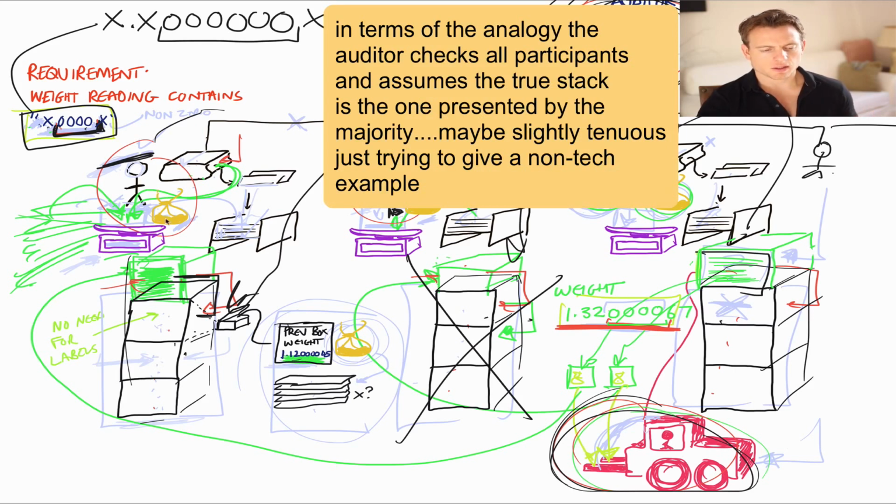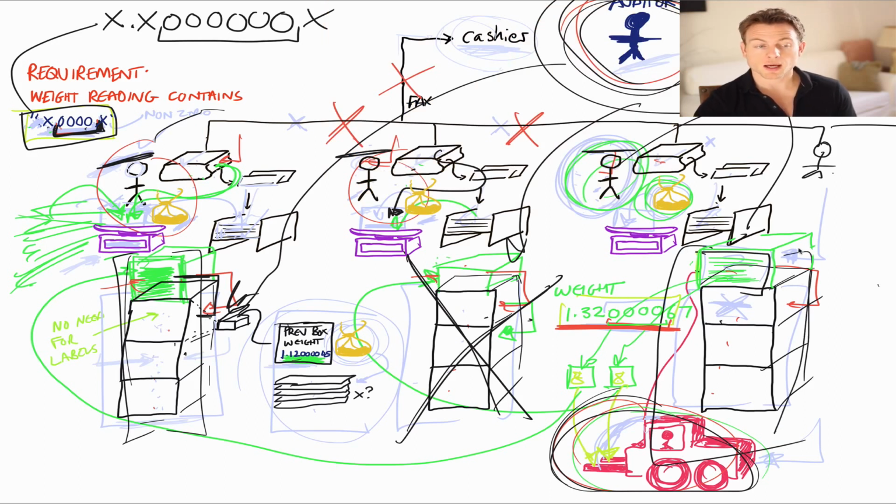The point is that one corrupt individual in the system, or one absent individual in the system, cannot bring the system down, because if there are enough other individuals in the system that have the same version of the blockchain, or in this case the box stack, then that is the version that is accepted as the truth.